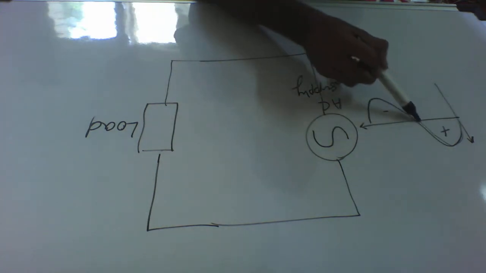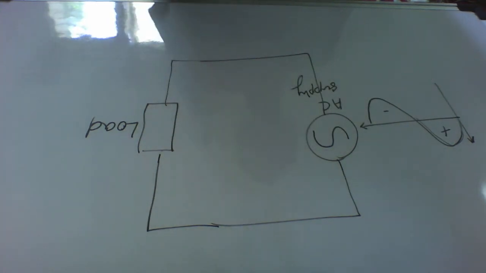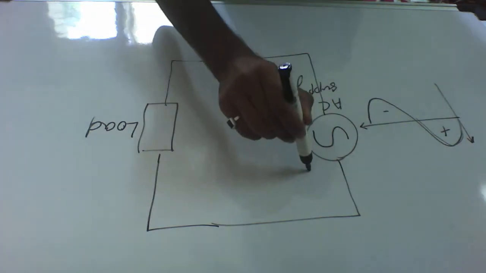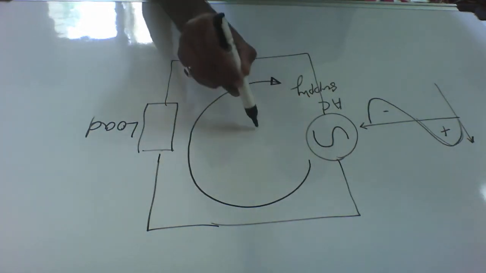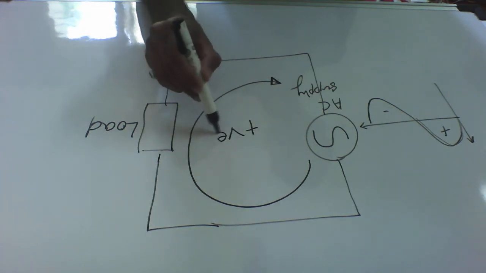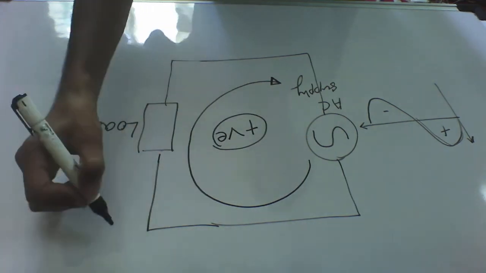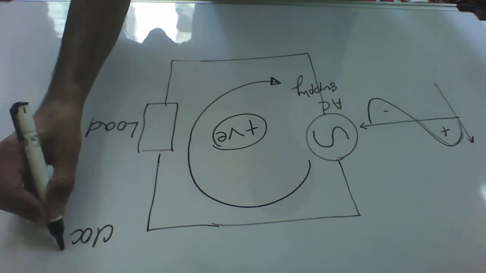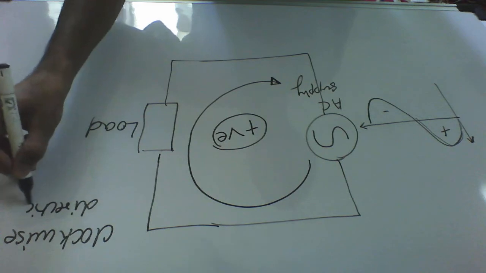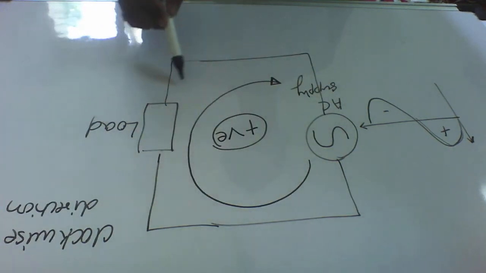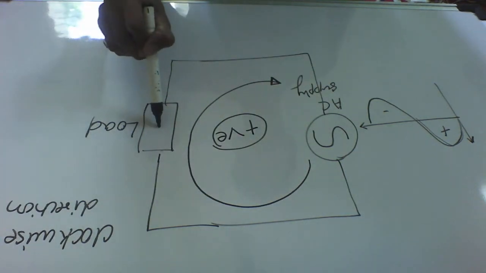When the positive wave travels in the circuit, considering this is the positive wave direction, consider this as the clockwise direction. This is a clockwise direction of the flow of AC supply through the load.